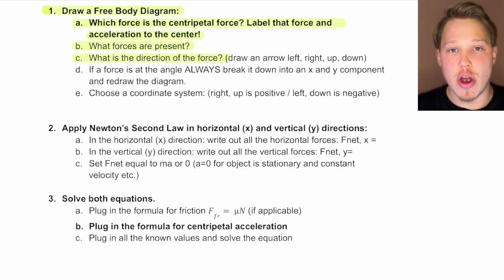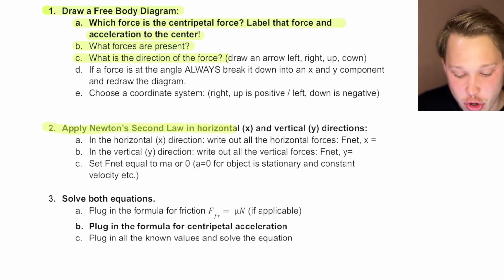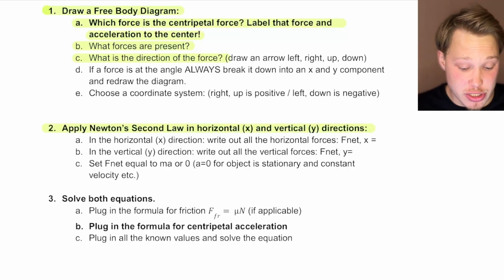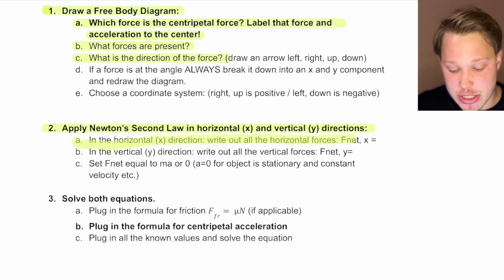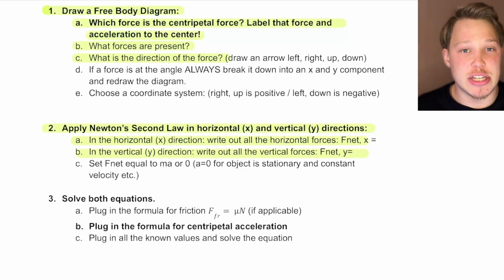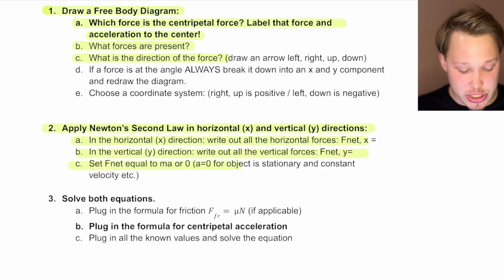Once we drew a free body diagram, taking care of our centripetal force, the next thing we're going to do is apply Newton's second law in both the horizontal and vertical direction, just like we did before. List all the forces in the horizontal and in the vertical direction, and set them equal to ma or 0. No changes here.